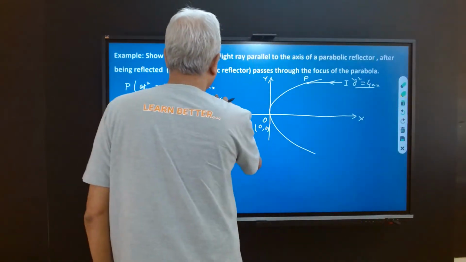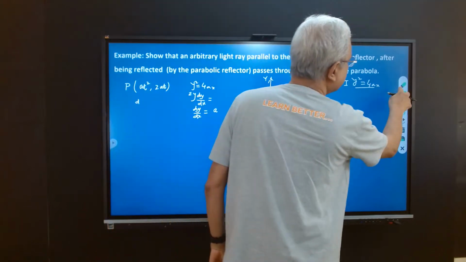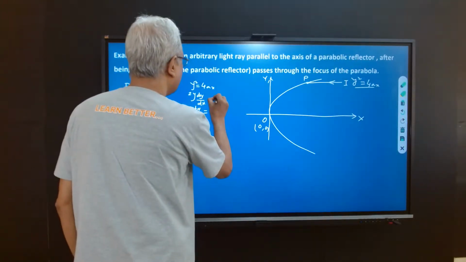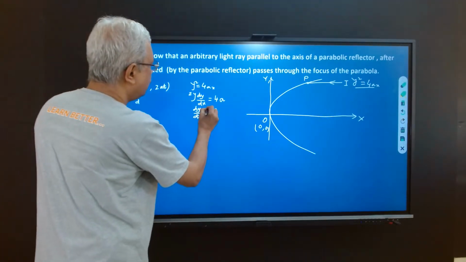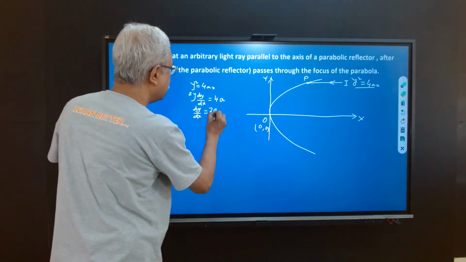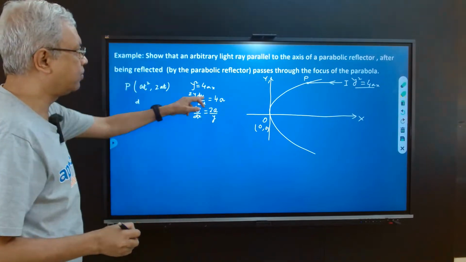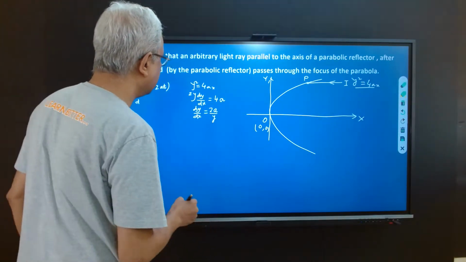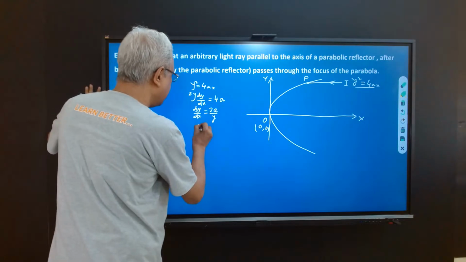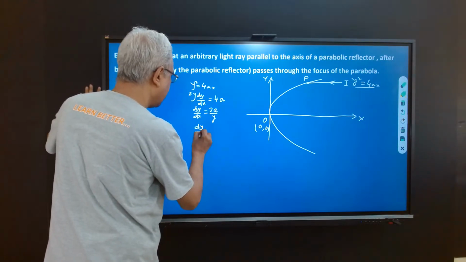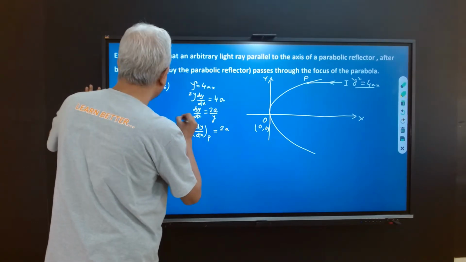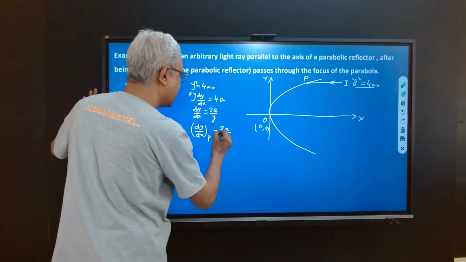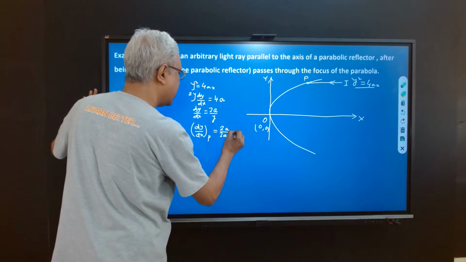So dy/dx is 4a by 2y, which is 2a by y. Therefore, the value of dy/dx at t is 2a by 2at, that is 1 by t.